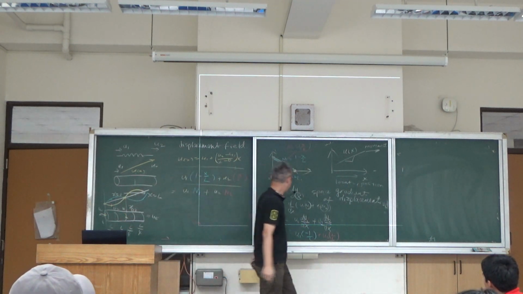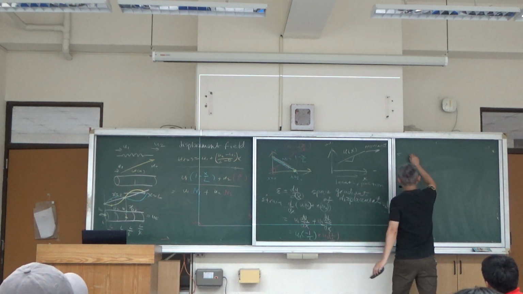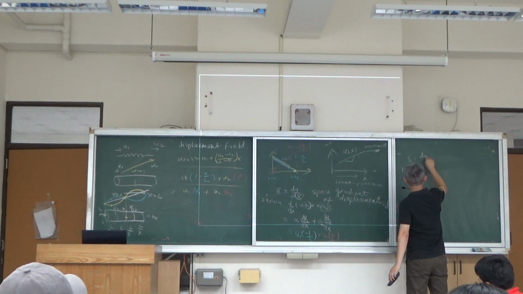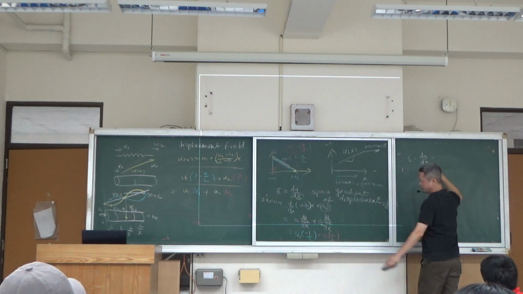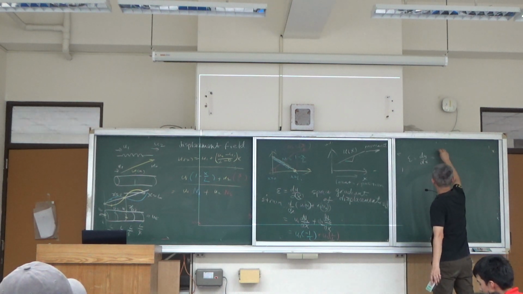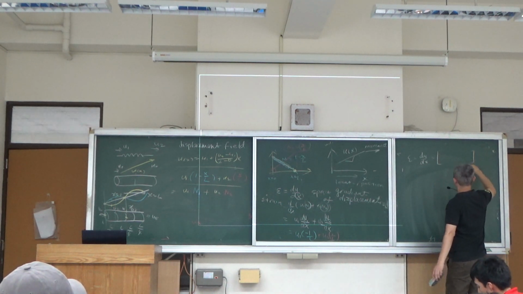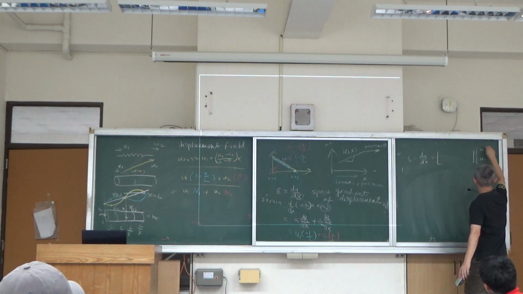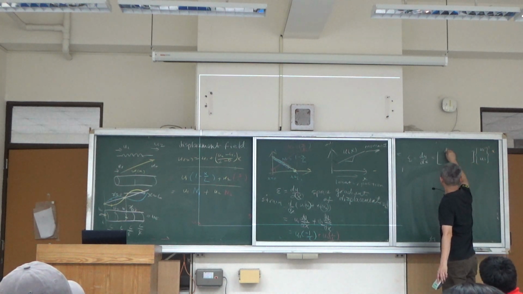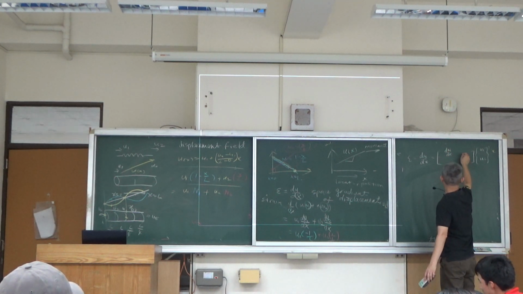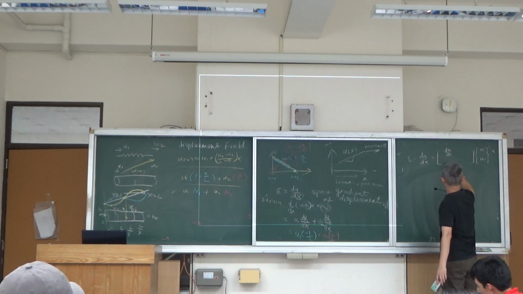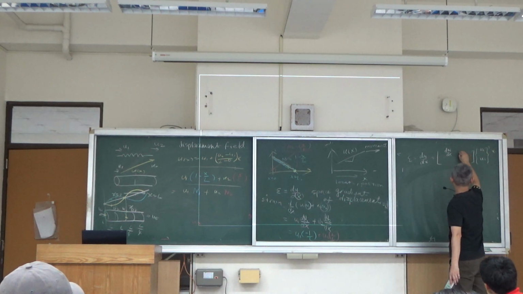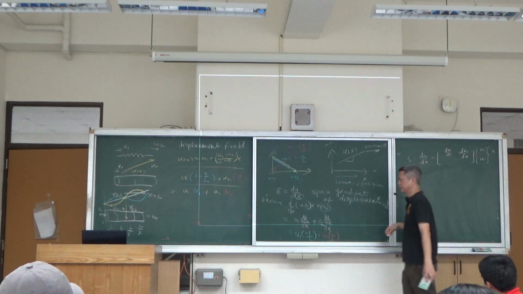So you can write this as your strain, which is du dx, can now be expressed as dN1 dx, and then dN2 dx, and then you do the sum.